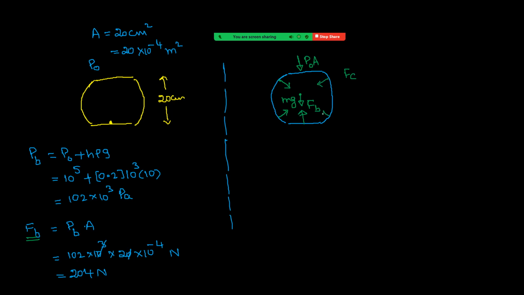By symmetry, if you observe, taking components horizontal and vertical, the horizontal components get cancelled. Remaining is only along vertical. So here vertically down and here vertically up. The net value may be vertically up or vertically down, and that we have to decide now. Now see what we can do here.